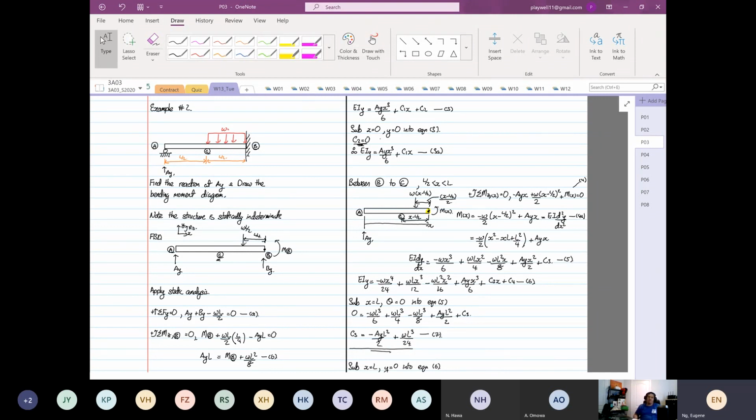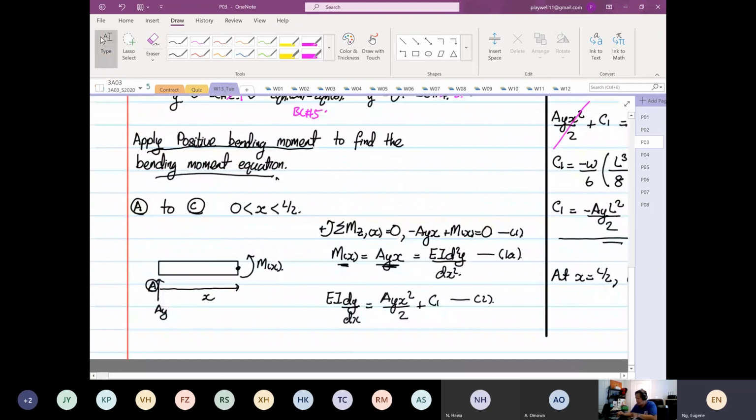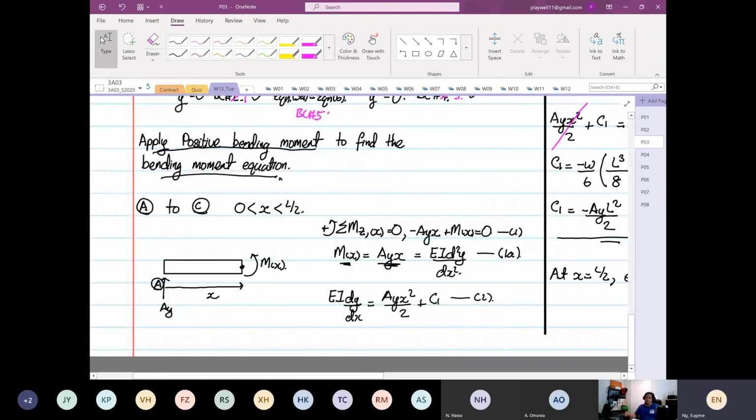So the first thing is to see, can you find the position of the equivalent load? If you can, you can use the positive bending moment, like down here, you can start applying positive bending moment and positive shear. If you can't, you have to use the integration method. Okay, so that is the first thing.